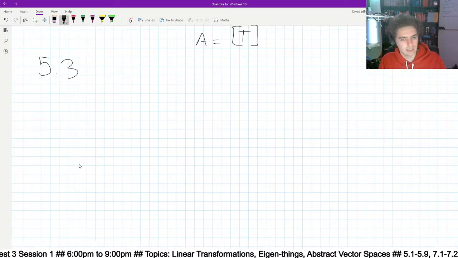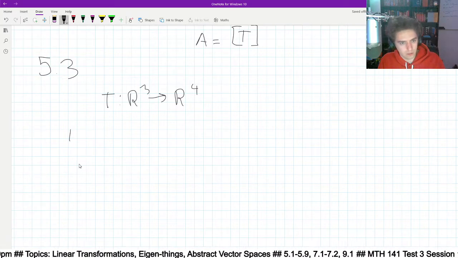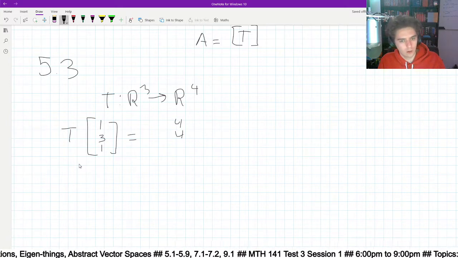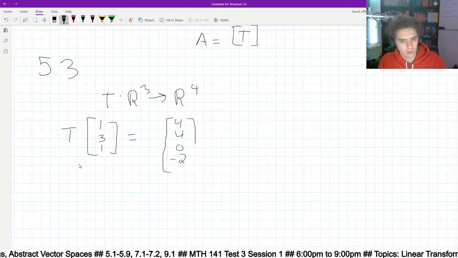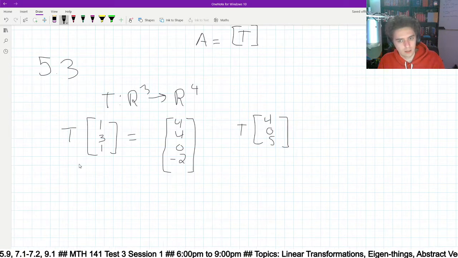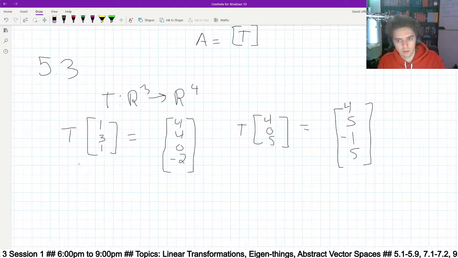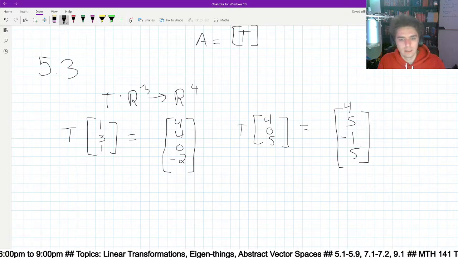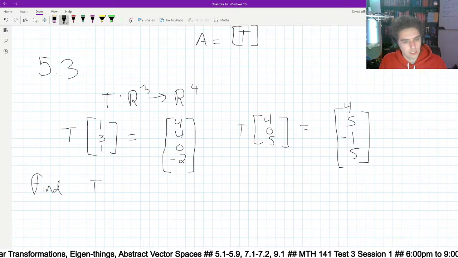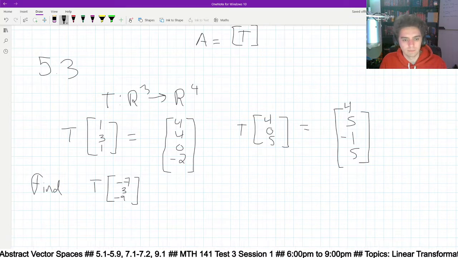The question gives us T from R3 to R4, a linear transformation such that T of (1, 3, 1) equals (4, 4, 0, -2), and T of (4, 0, 5) equals (4, 5, -1, 5). The question is: find T of (-7, 3, -9).